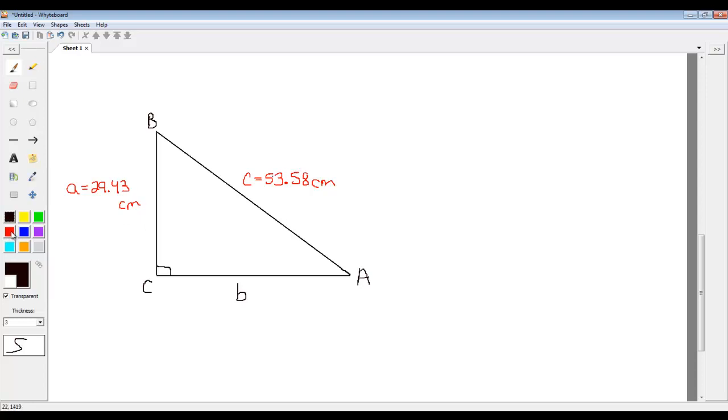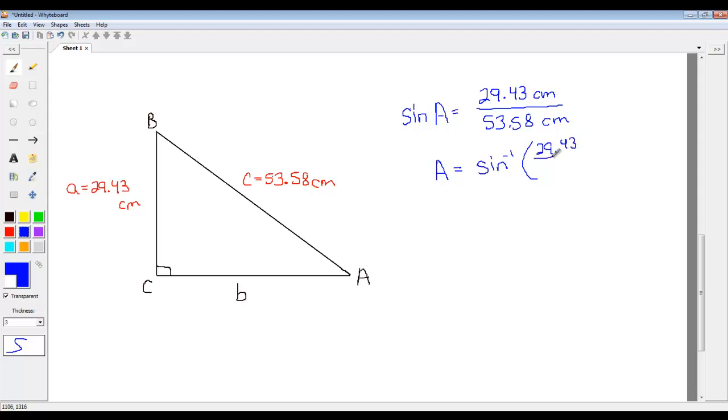That's set up to do sine, and we can use that to help us solve for angle A. Sine of angle A equals opposite over hypotenuse. And we learned that if we're trying to find the angle, we can use the inverse keys. We can take the inverse sine of 29.43 over 53.58.